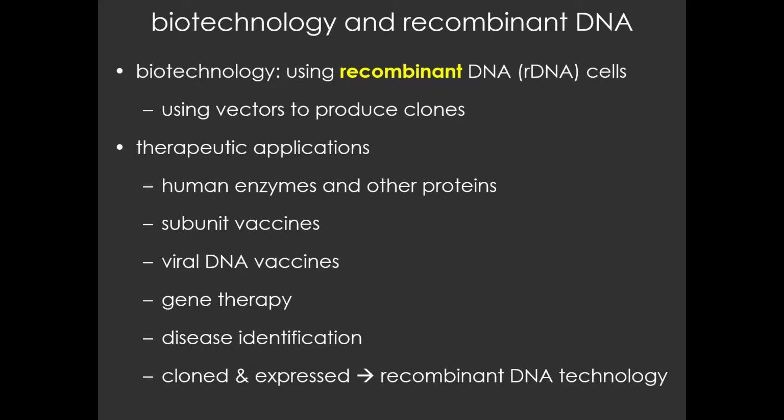industrial phenomenon, an in vitro phenomenon, where we are preferentially inserting DNA into recipient cells in order to recombine them in such a way that they can have some therapeutic application. Those applications are very wide-ranging, and they might include the in vitro production of human enzymes or other proteins.